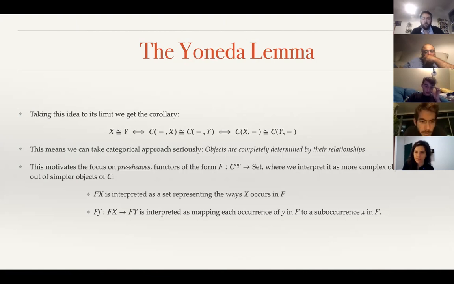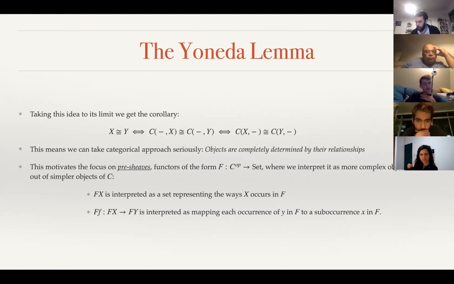If their relations in or out are the same, that's what this presheaf is. For any other object, you get its relations with that object. So if it's isomorphic for all of them, then the objects themselves are isomorphic, which is pretty great.